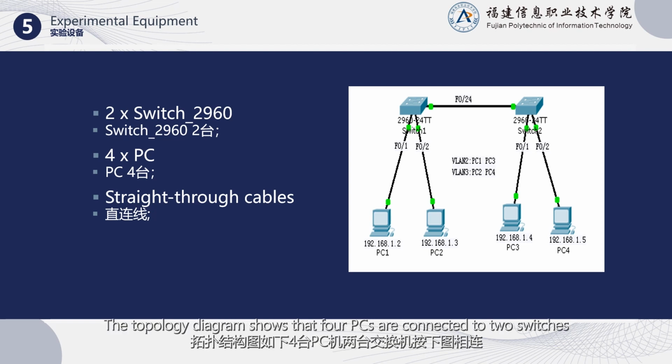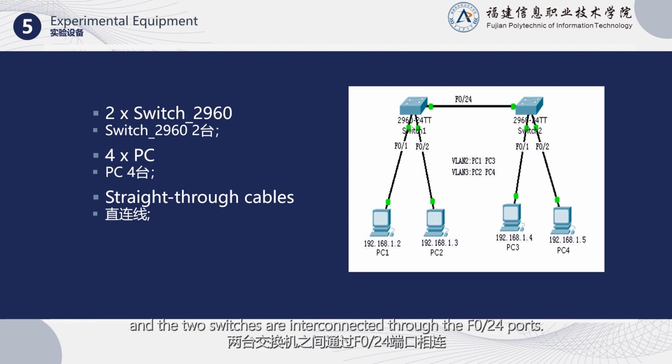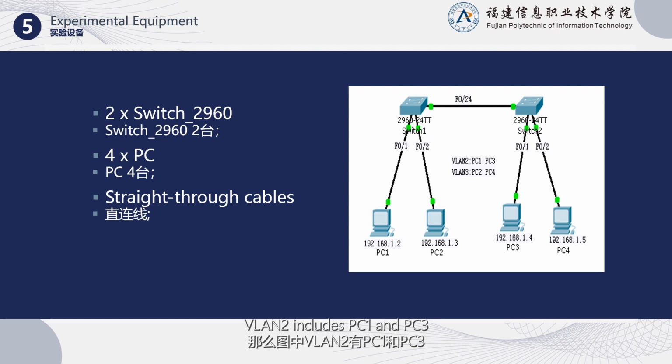The topology diagram shows that 4 PCs are connected to 2 switches, and the 2 switches are interconnected through the F0/24 ports. VLAN 2 includes PC1 and PC3, while VLAN 3 includes PC2 and PC4.